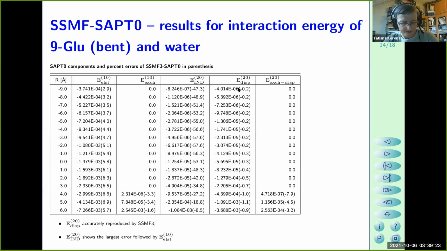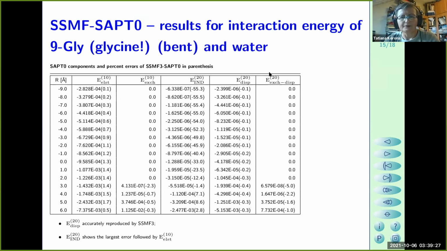So let me show you the same situation, but for the 9-mer of glycine, where we have exactly the same situation for dispersion: the error is below 1% in all cases.